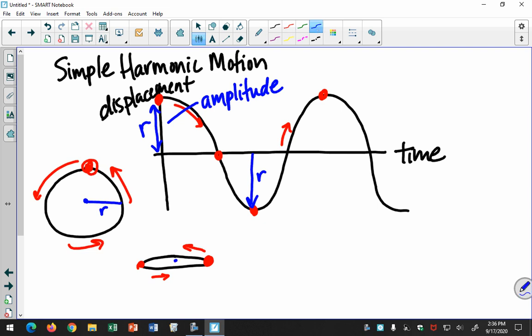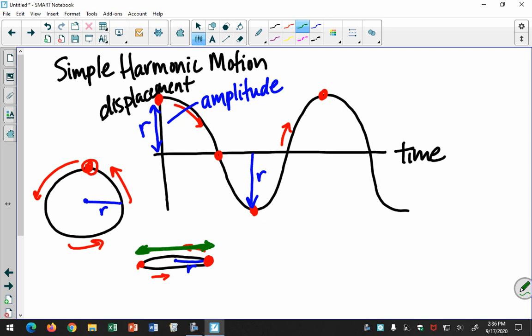The radius is right here. So if you think of that edge on view, what you're really going to see is the ball going back and forth as it goes around the circle. And you'll see this in your video too, because I want you to get an edge on view on your video.